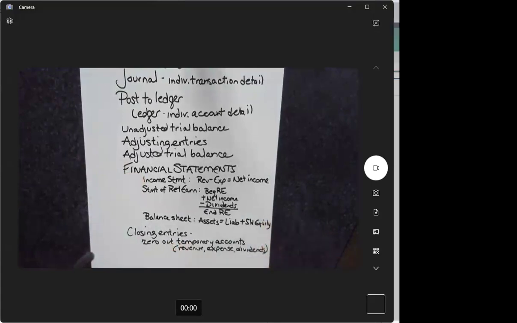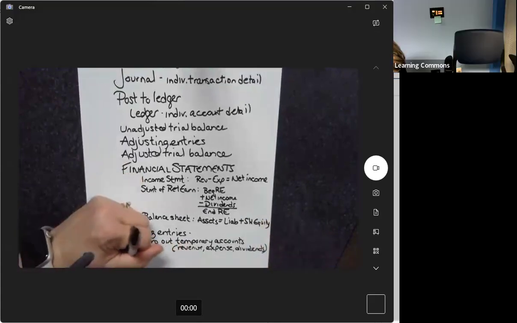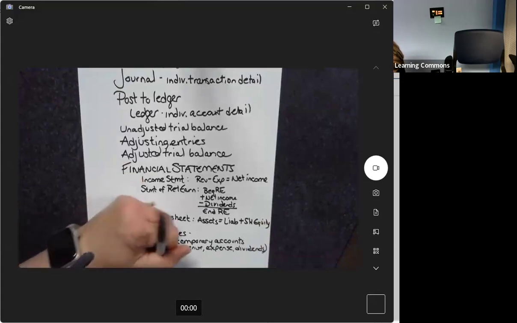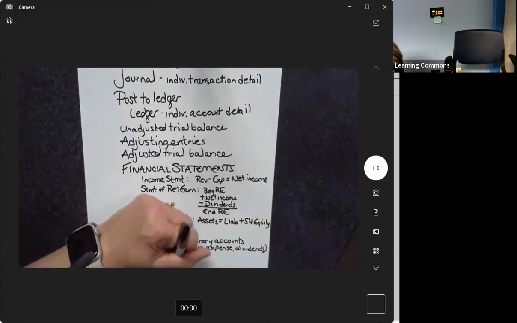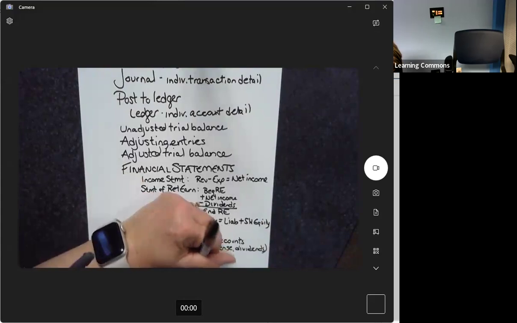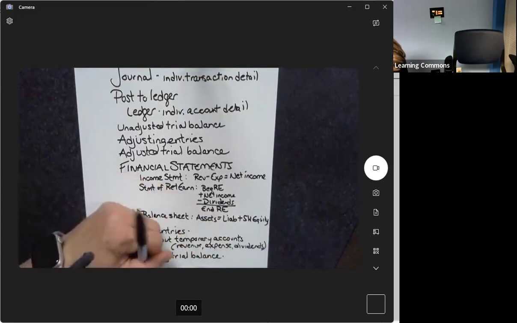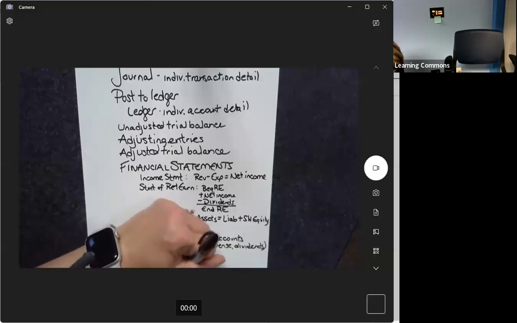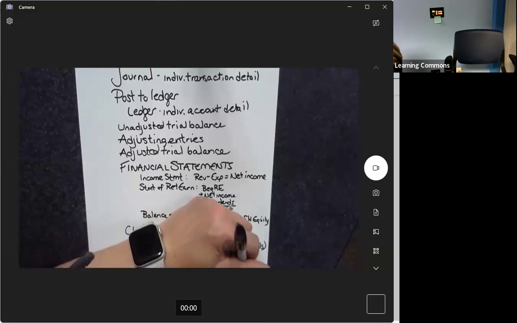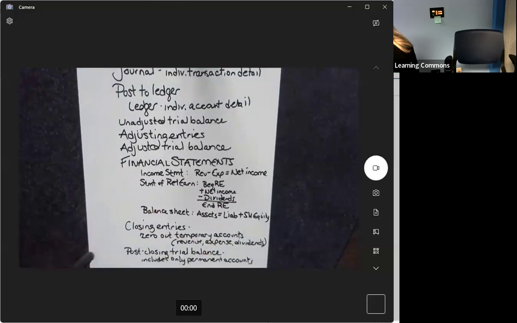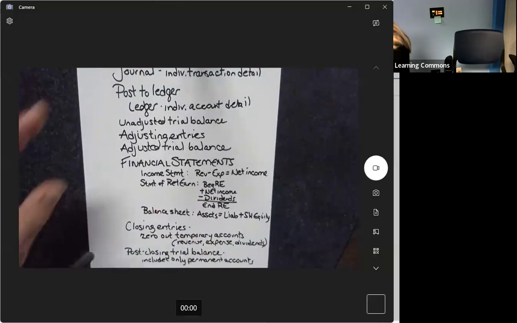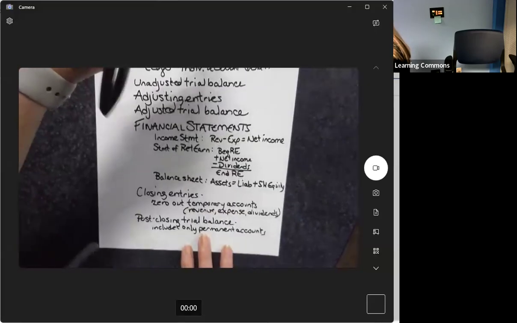So then the very last step in that accounting cycle is one more trial balance. And remember that that post-closing trial balance includes only our permanent accounts.